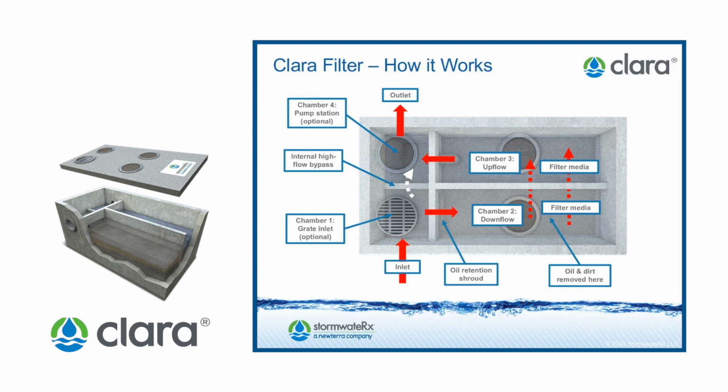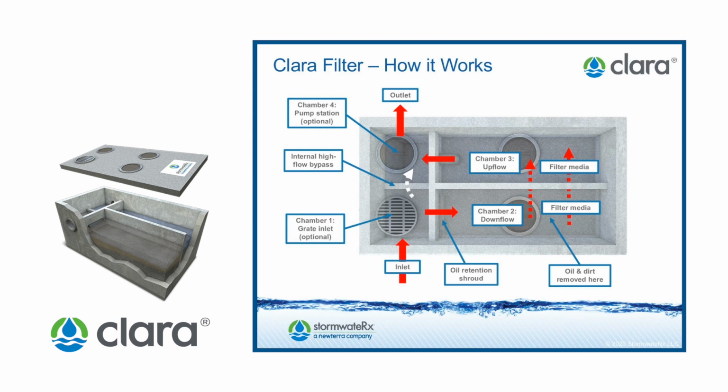My next slide depicts how the stormwater passes through the Clara Filter. Beginning at the lower left-hand side of the diagram, untreated stormwater enters the structure via a piped inlet or grated inlet. Inside chamber 1, heavy settleable solids are removed by simple gravity separation.